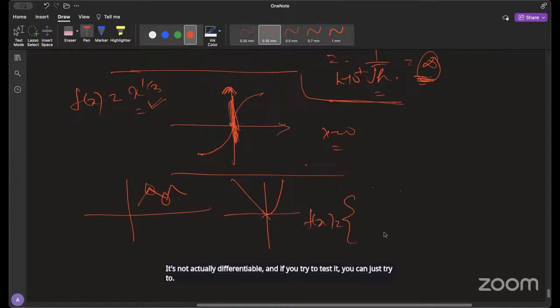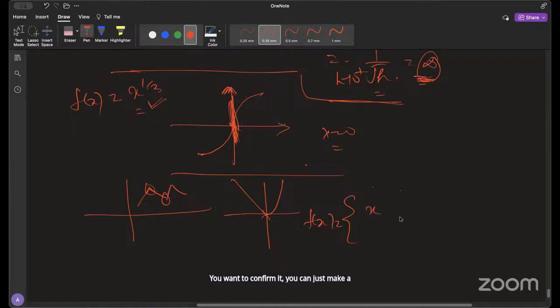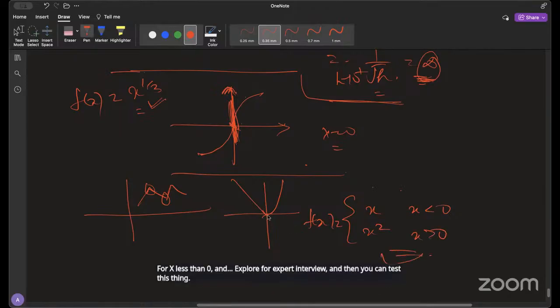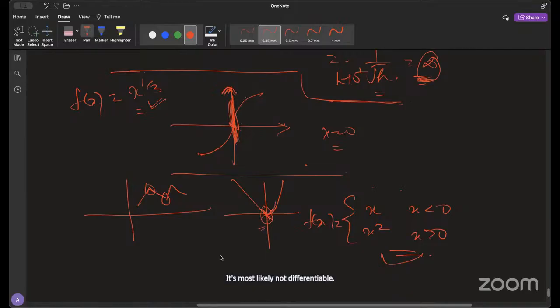If you want to confirm it, you can make a function, x for x less than 0 and x square for x greater than 0, and then test this. It's most likely not differentiable because it will be something like this.